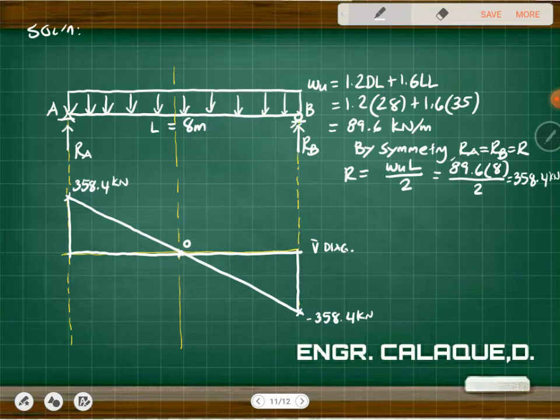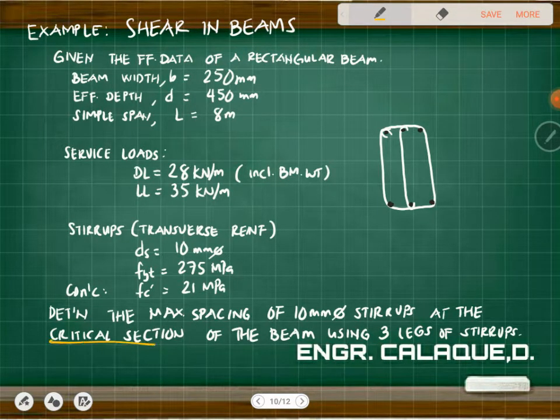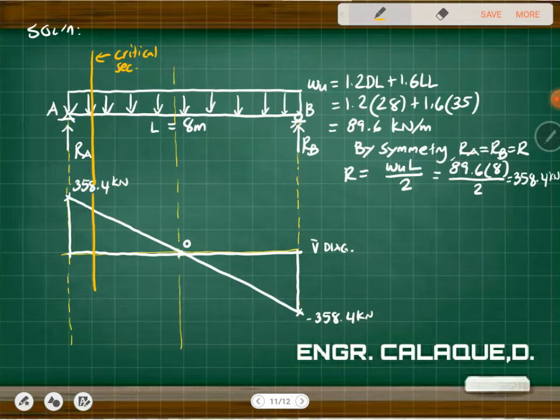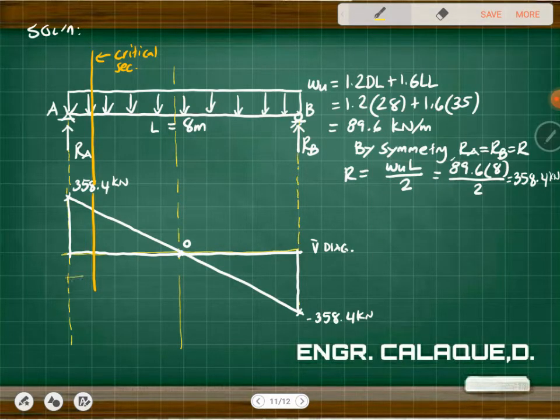So, kunin ko lang yung shear dito sa critical section. Okay. So, ito yung critical section niya. Kasi, yan din yung tanong eh. At critical section, that is at distance d, or yung effective depth.